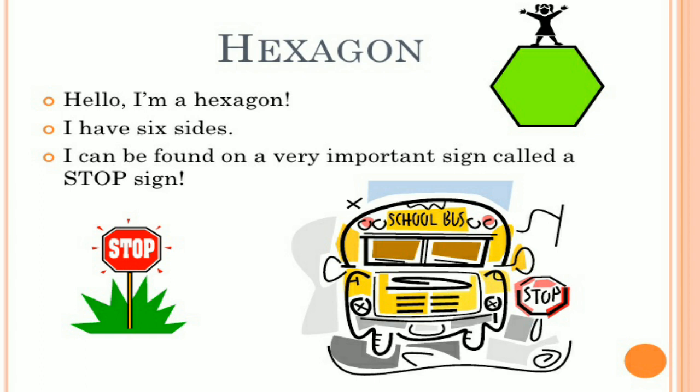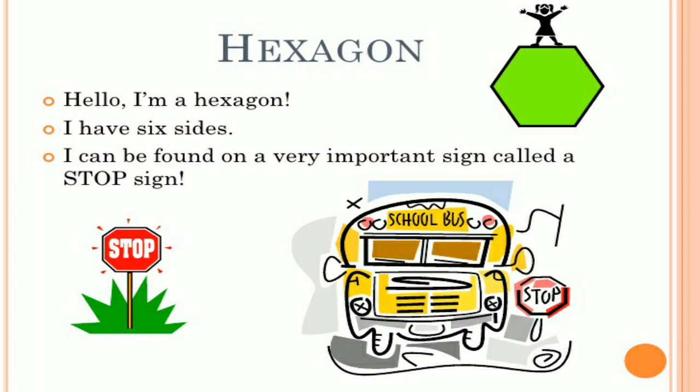I can be found in a very important sign called a stop signal. So a hexagon has six sides, and we find the stop sign board is in the shape of a hexagon. So students, you all understand about hexagon.